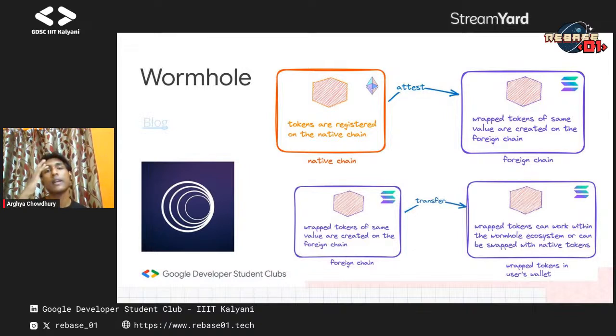It's kind of a widget where, I can't exactly show my screen right now, but you can connect any of your two wallets, and then you can choose any of the blockchains, you can choose any of the tokens that you want to transfer, and you can just do it. It's that easy, honestly, and it takes very nominal fees, and the whole path will be given to you by Wormhole so that it takes less fees. They will take charge of that.